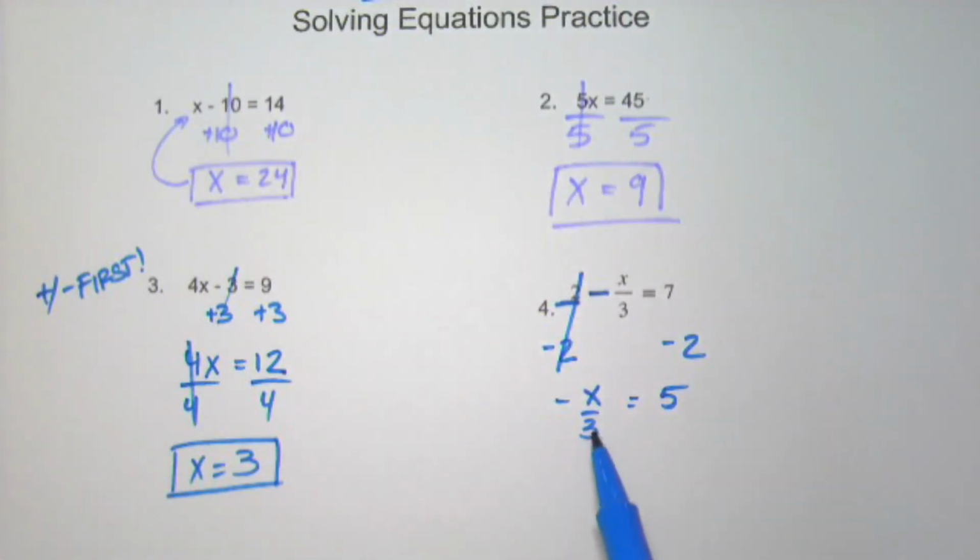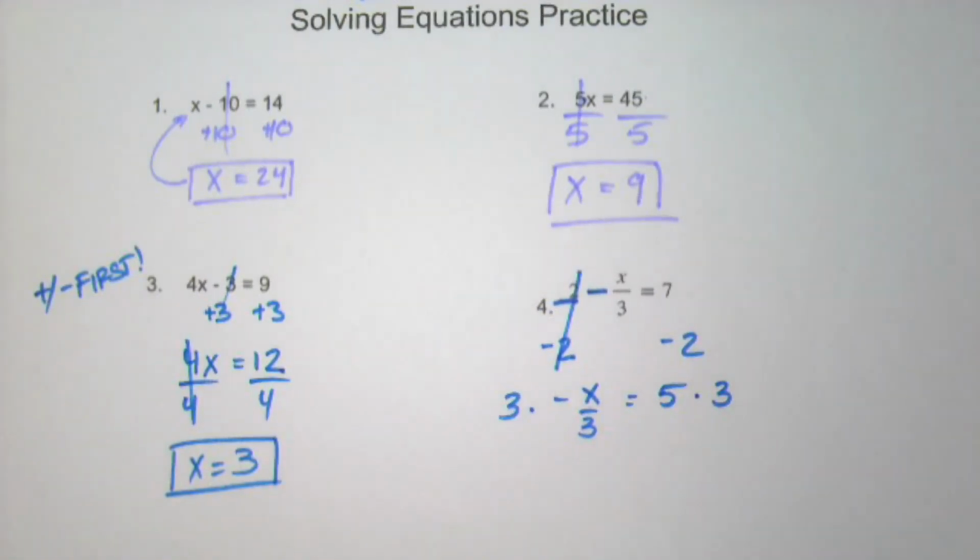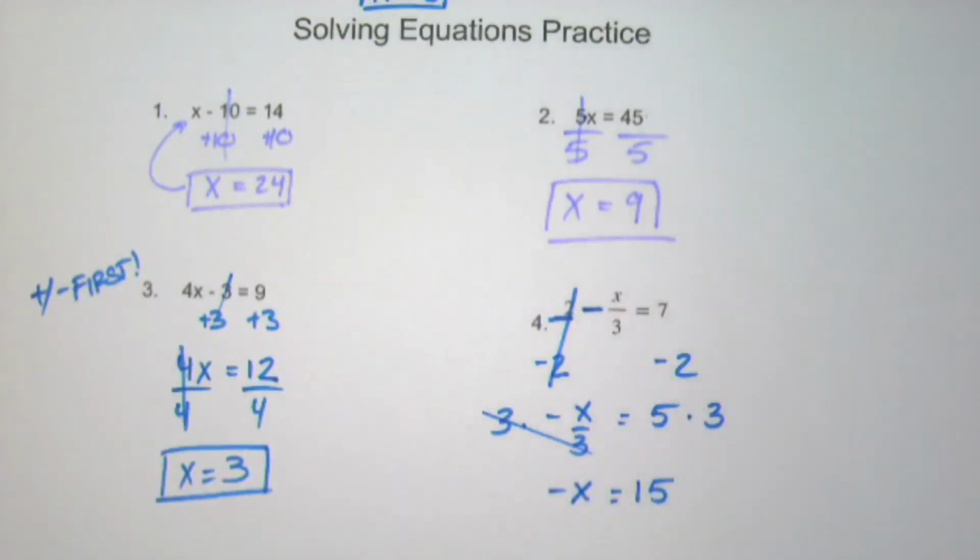Well, now I see some division by 3, so what's my opposite operation? It's multiplication, so I want to multiply on both sides. The 3's over here are going to cancel out. 5 times 3 is 15. But again, I haven't dealt with this minus, this negative, so that has to come with us on that x.